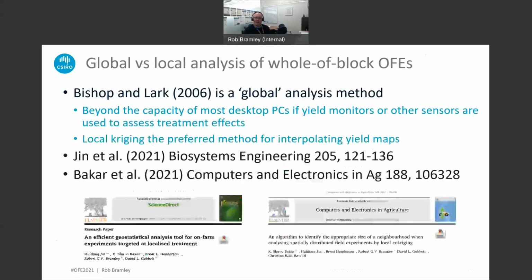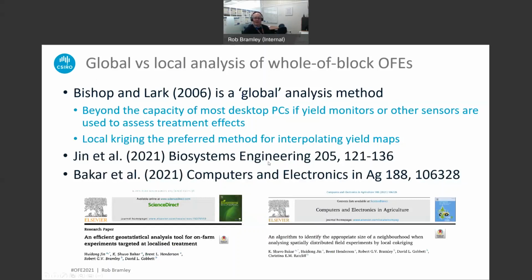So an important advance in terms of keeping the critical statisticians happy in terms of the value of on-farm experimentation. However, one thing with Bishop and Lark's method is that it was a global analysis method. And if the treatment responses were to be assessed using things like yield monitors or other sensors, that presents a difficulty in terms of computer capacity of most desktop computers.